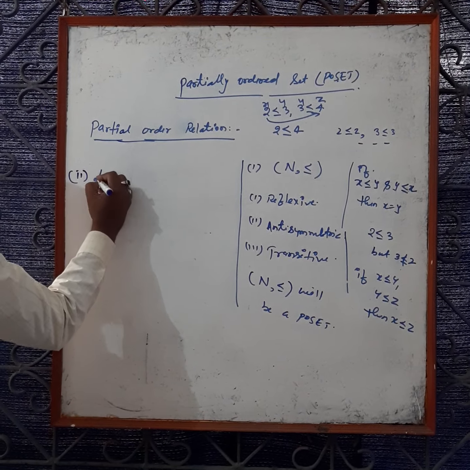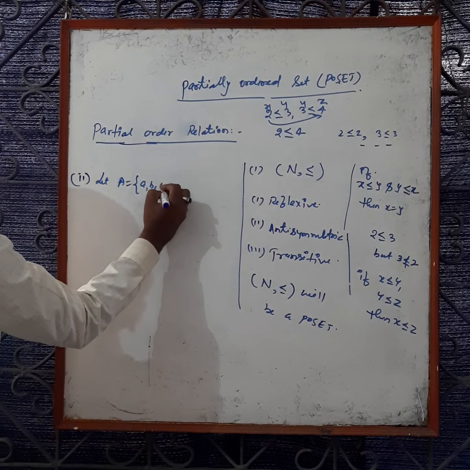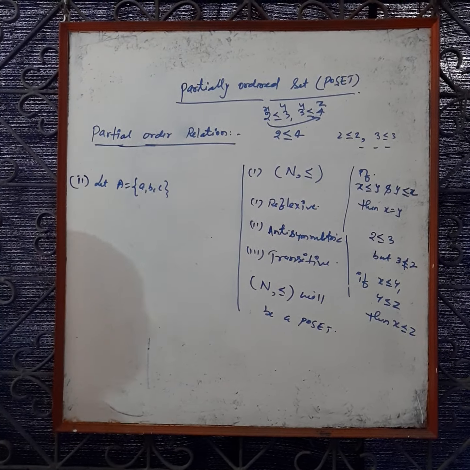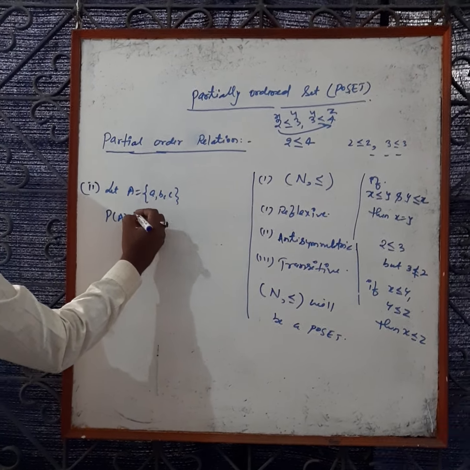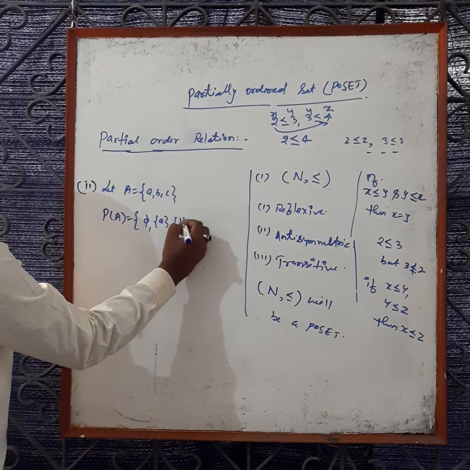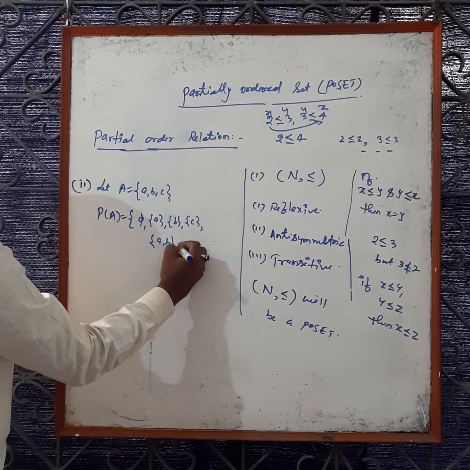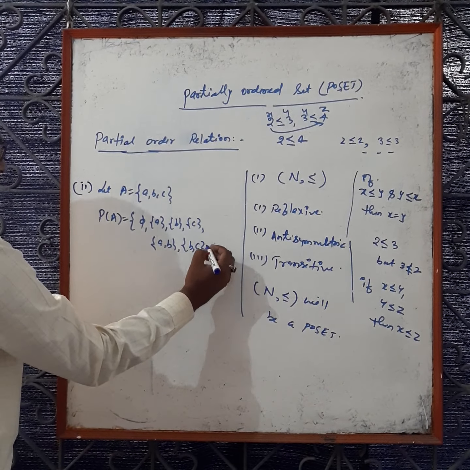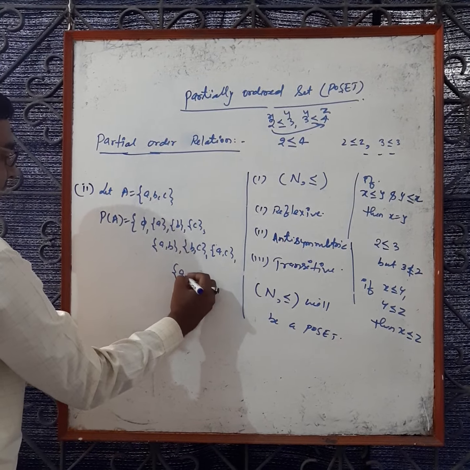Let A equal to {a, b, c}. The set A contains three elements a, b, c. The power set of A is: phi, {a}, {b}, {c}, {a,b}, {b,c}, {a,c}, {a,b,c}.